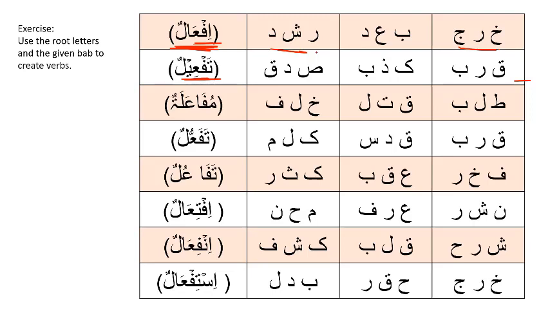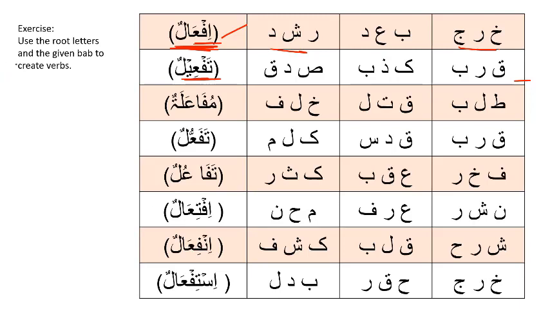So kharaja yakhriju would be used in bab daraba, and then definitely kharaja will be in bab if'al, but it does not necessarily show up in all the other babs. It might show up in a few, and when you open the dictionary with kharaja, you might see bab if'al and 1 or 2 other babs. It's unlikely that for a given set of root letters you will see all the babs. So it only makes sense in some of the babs. Exactly. The usage will only be with a few babs.